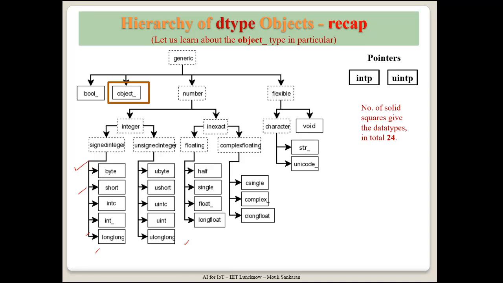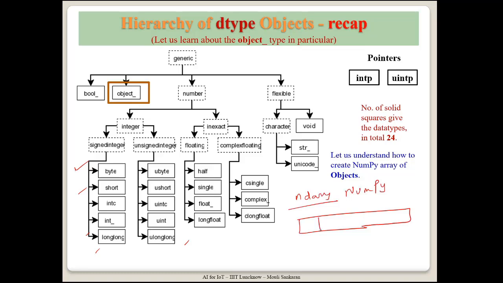Now this is a little unique compared to all of the rest of the types. The difference is when you want to create an n-dimensional array of NumPy, the main restriction is that the array's elements should be of the same type.